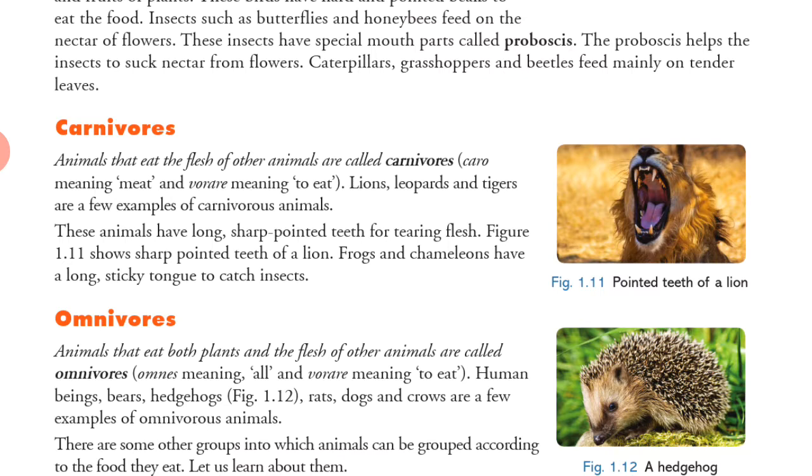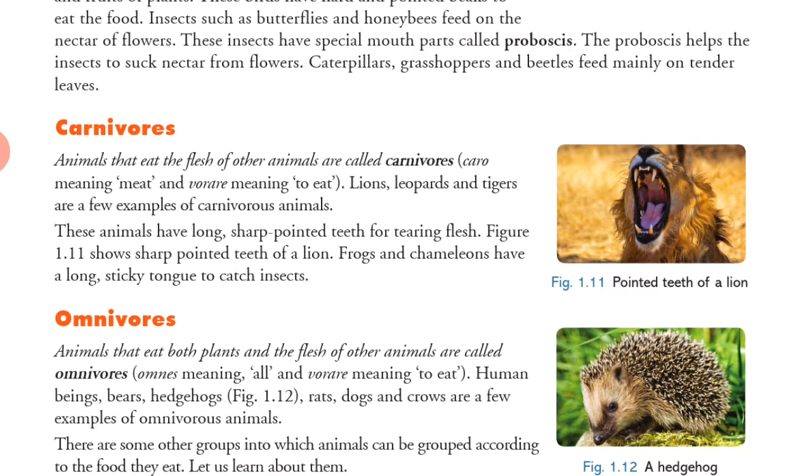The third type is omnivores. The third category is animals which eat both plants and the flesh of other animals. They are called omnivores. Omni means all, vorare means to eat.